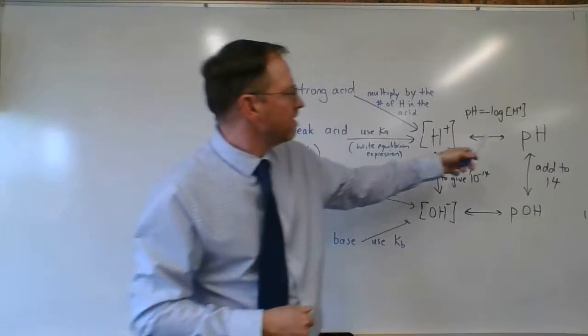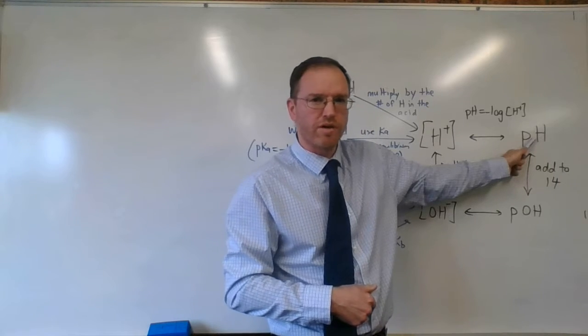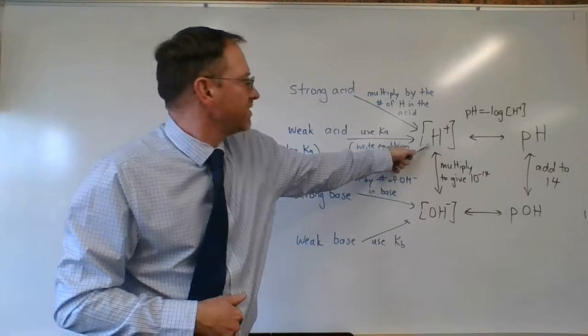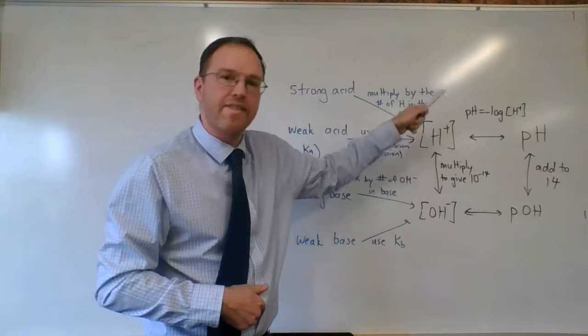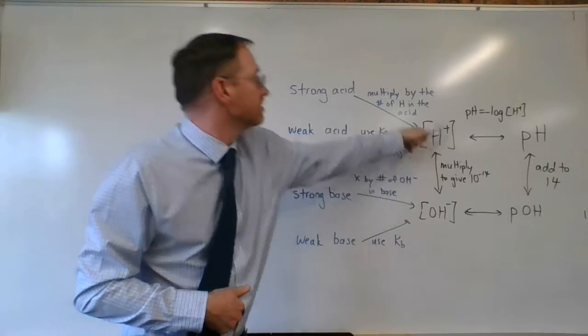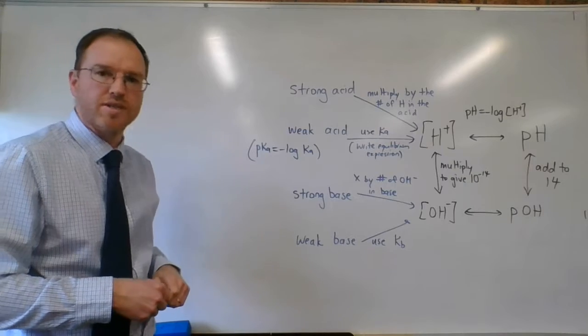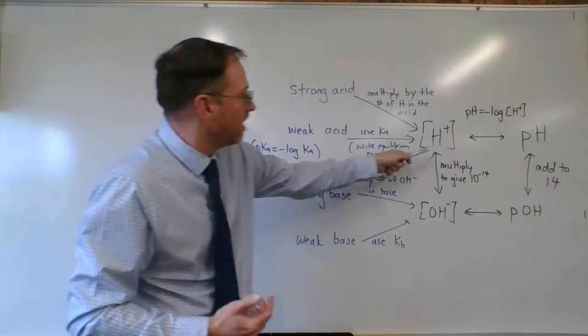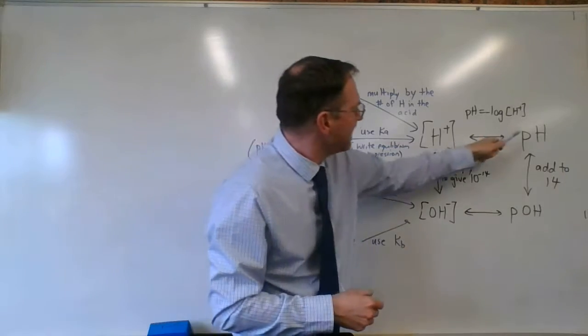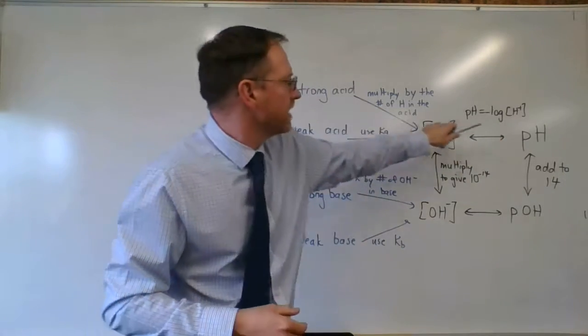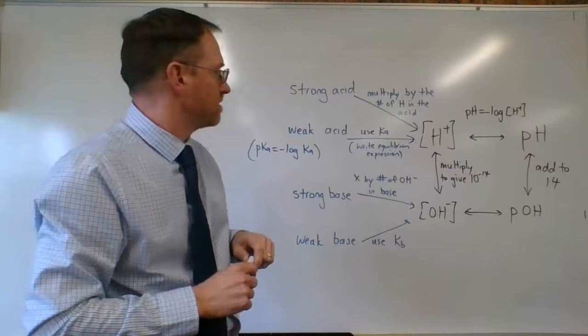And then you'd need to say, oh, they've given me the pH of 0.5. I can work out the concentration of hydrogen ions using that formula. And then if I know the concentration of hydrogen ions, that's the same as the concentration of the acid. If it's diprotic, I would halve it to get the concentration of the acid. And you can understand how to do those calculations because you see all these relationships.